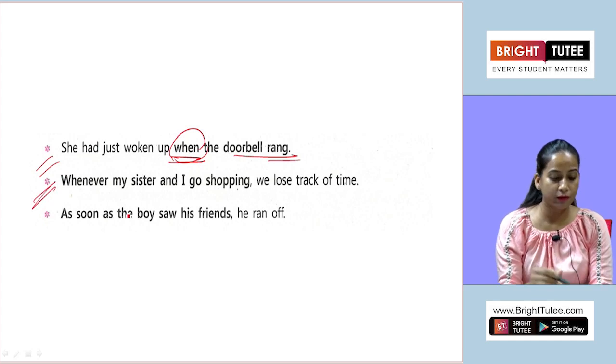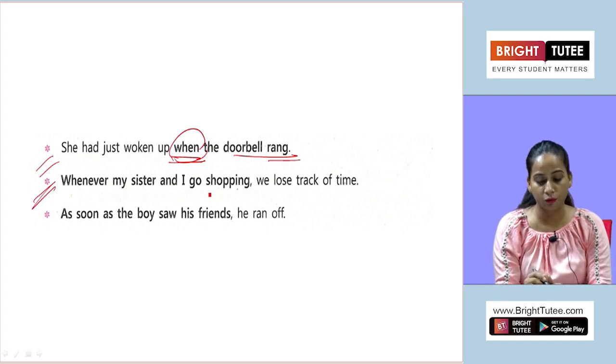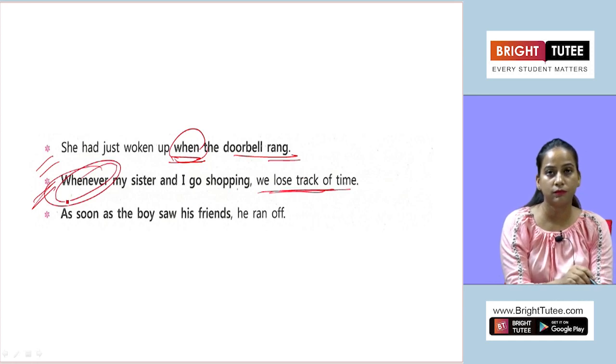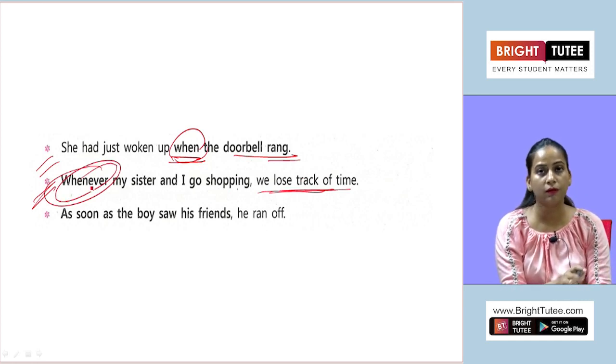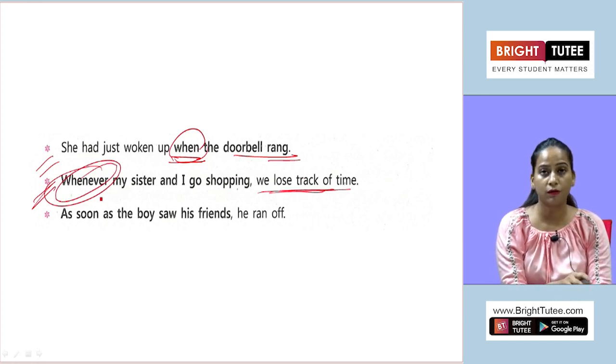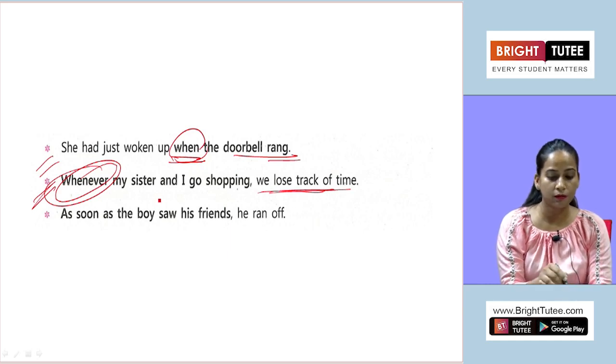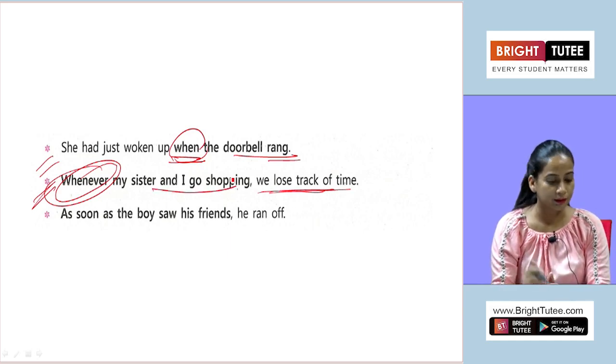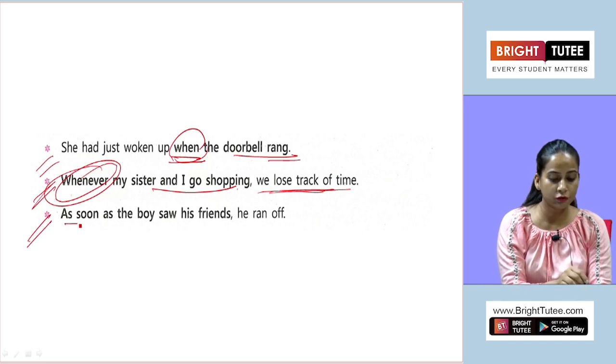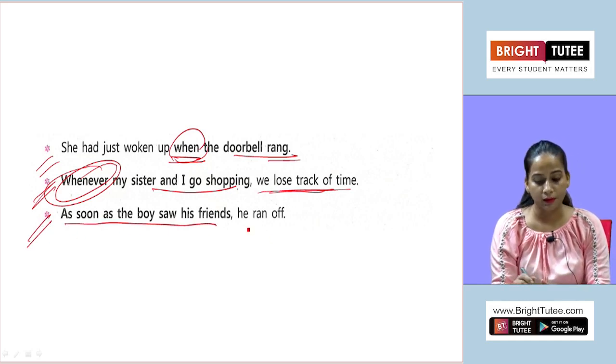The next one, whenever my sister and I go shopping, we lose track of time. So when do you lose track of time? Whenever is the word that gives you the time: whenever we go shopping. The next one, as soon as the boy saw his friends, he ran off.